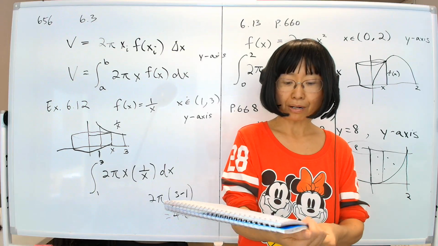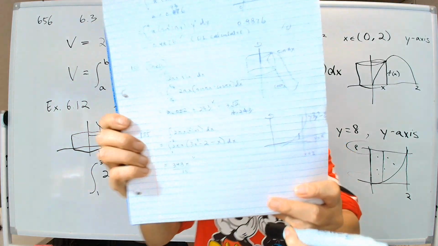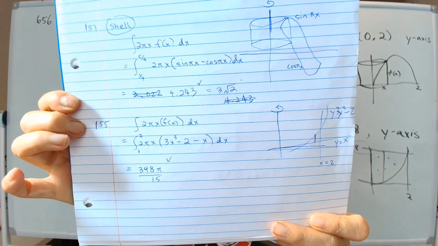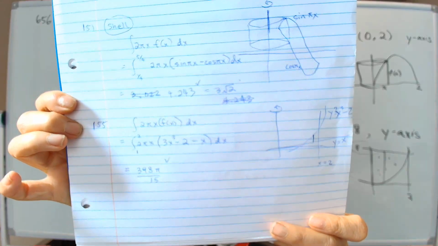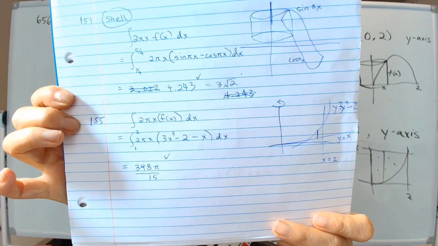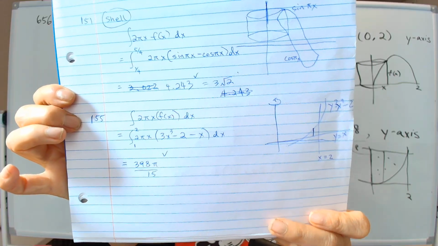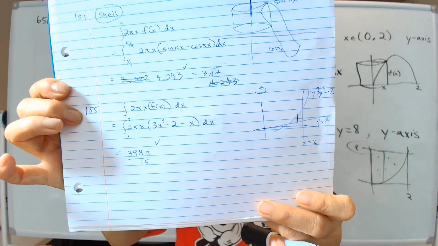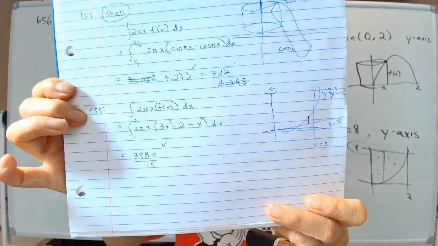Next problem, problem 155. The same thing. Right now you will use the shell method, where you have a top function which is something like 3x cubed minus 2 or something, and the bottom function is y equal to x. Doesn't matter. You just take the top function minus the bottom function.